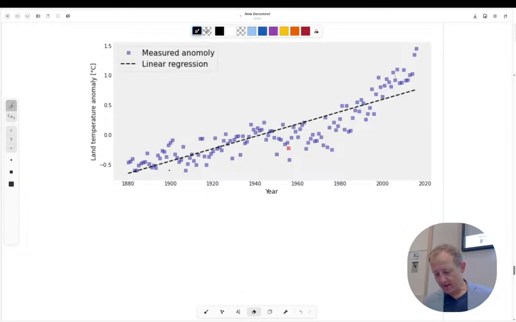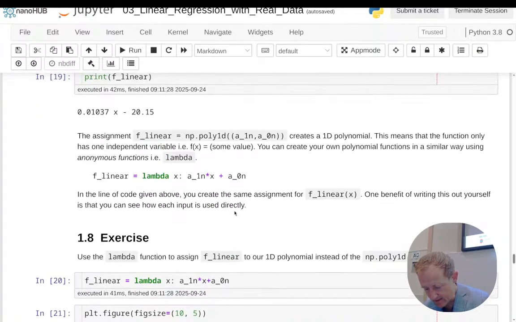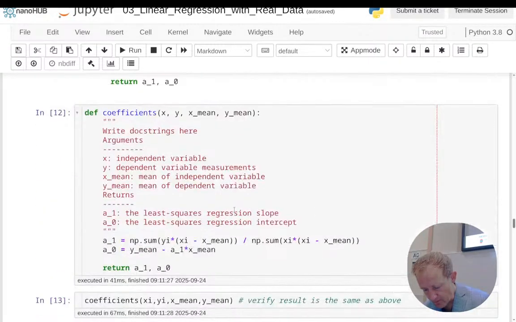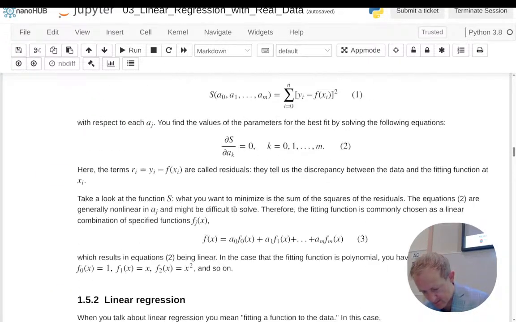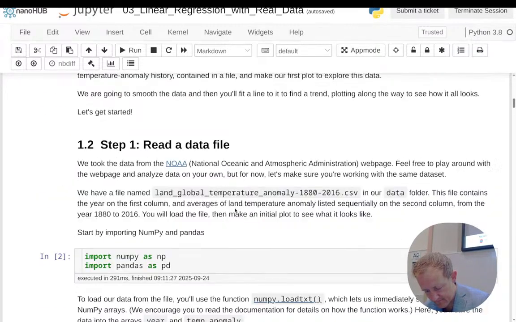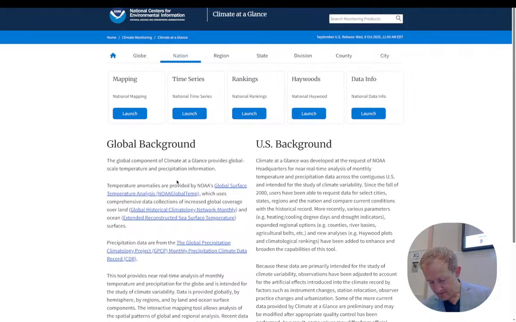But in the reading, the data has a source. Skipping past all the math, this is the National Oceanic and Atmospheric Administration, which hopefully is still there? Okay.